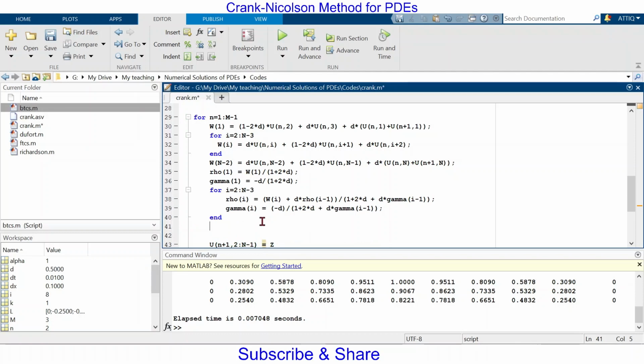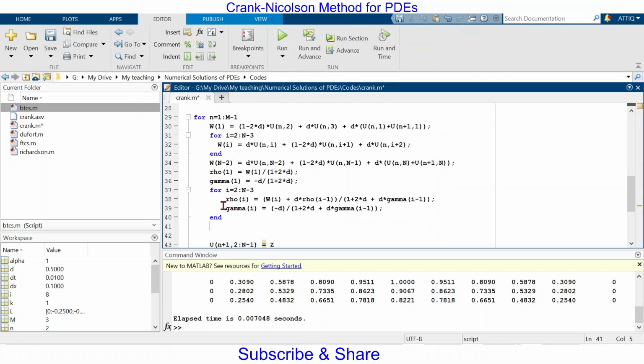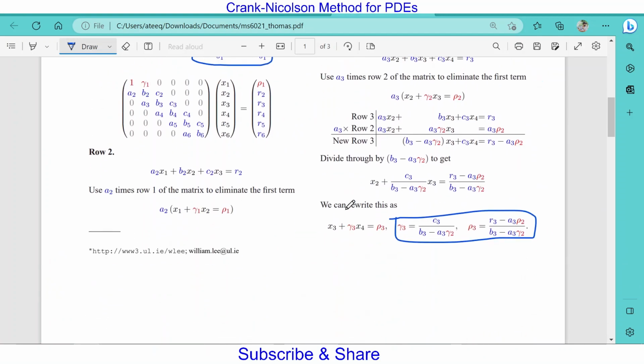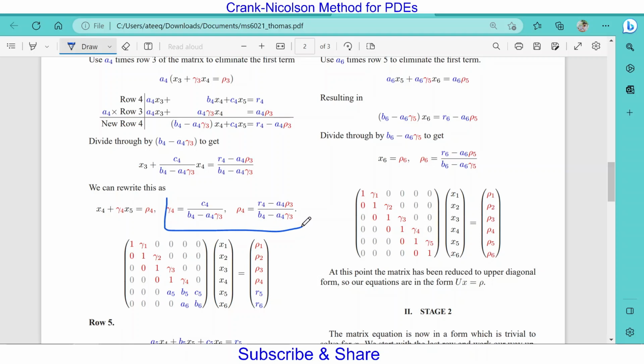Now, since the gamma is going till n minus 3, I will be using loop I from 2 to n minus 3 because I will be using the same loop to calculate all the other rows and gammas except the last row. So the pattern, let's consider gamma 4 and row 4 for it.